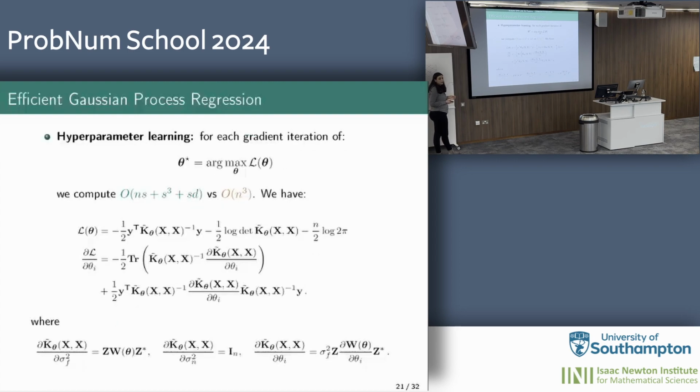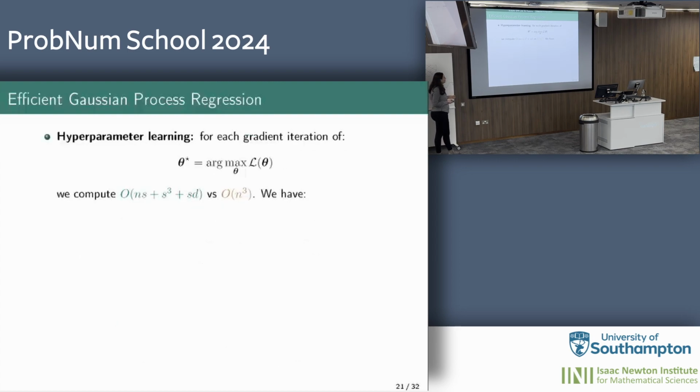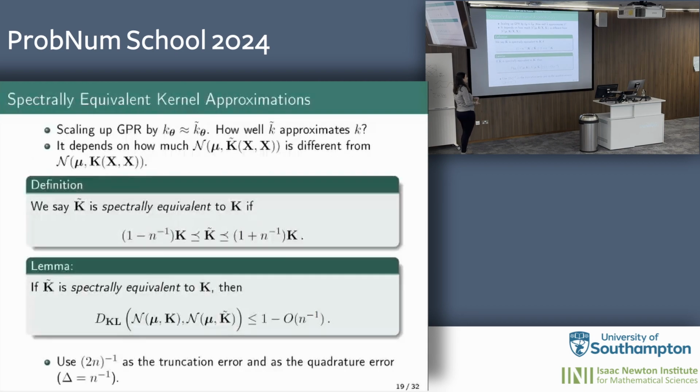Sorry, while we're at it, I really have a burning question. When you introduced this matrix in the slide before, you talked about the spectral equivalence. Do you assume that this low-rank matrix is spectrally equivalent, or will you show this later? It's a tricky question, because in some sense I assume it, but it also happens naturally.